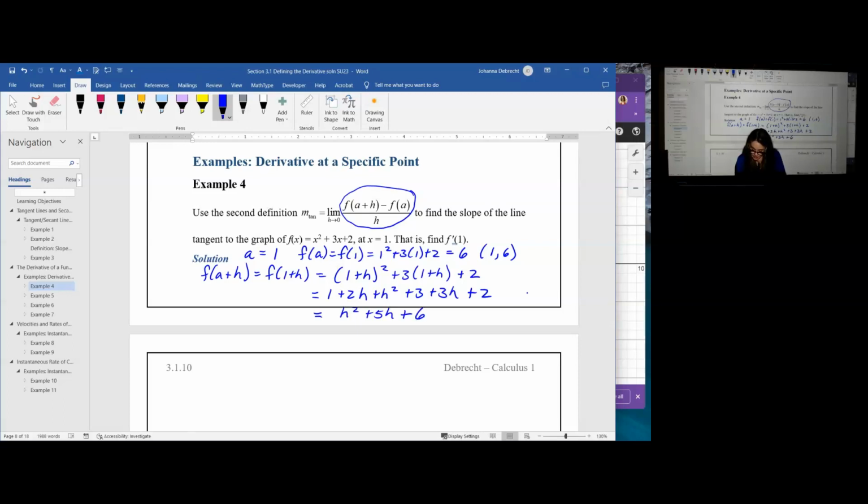Now let's put it together into our formula, the limit as h goes to 0 of the difference quotient. h squared plus 5h plus 6 minus the 6 that came from f of a.